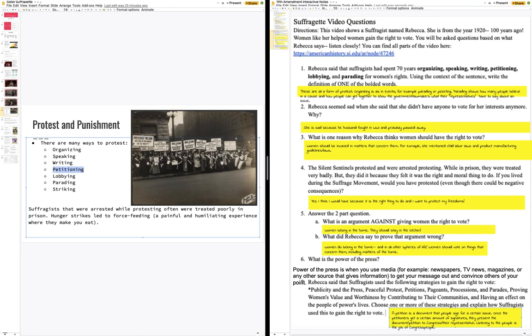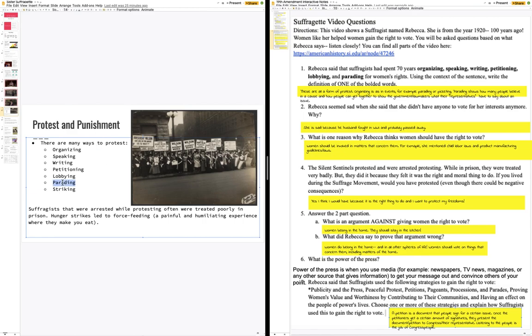Petitioning, we talked about that down here. Lobbying, that's when you kind of talk with people in power. You might give them money and you try to convince them of your point. Parading, that's when you have a big parade or a procession and you go around and you say, hey, look at all of us. We think that this is right. We think that this issue should be looked at in Congress.